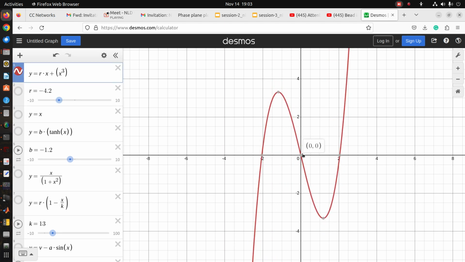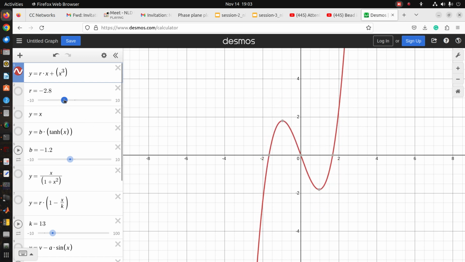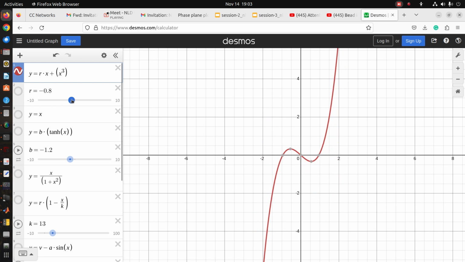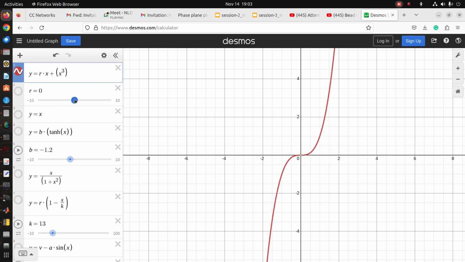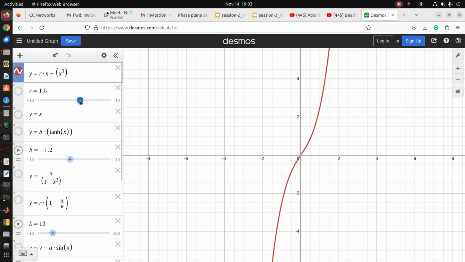And as your R is changing, at R equals 0 you have one fixed point, and further if you increase R, you will see that your system has only this fixed point.